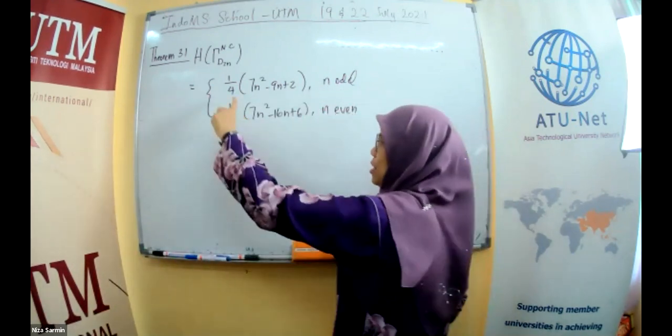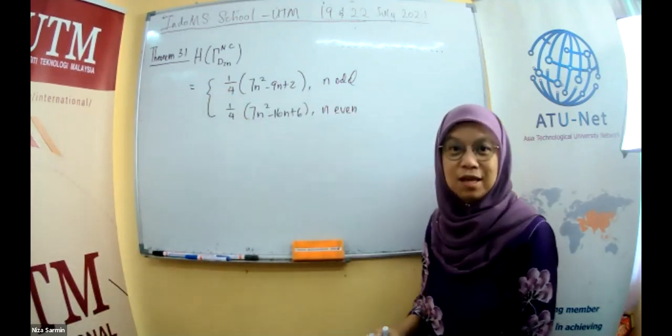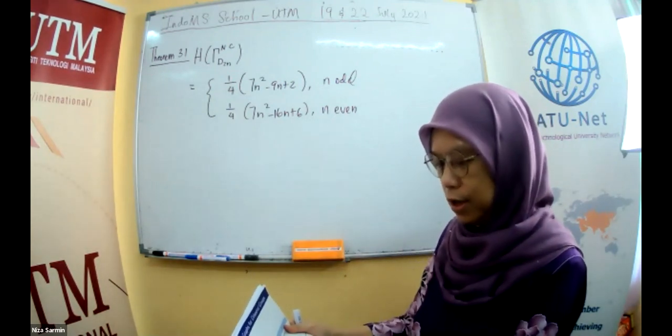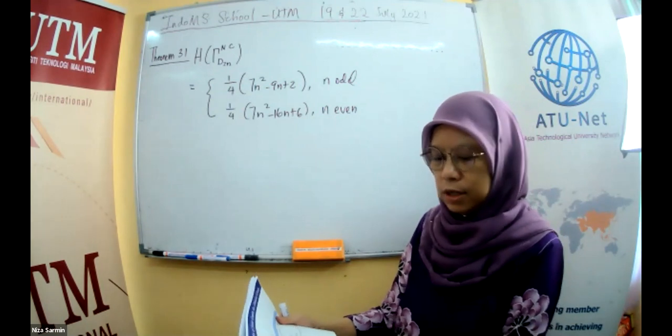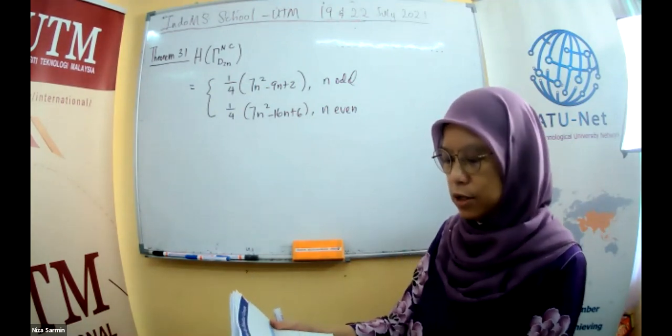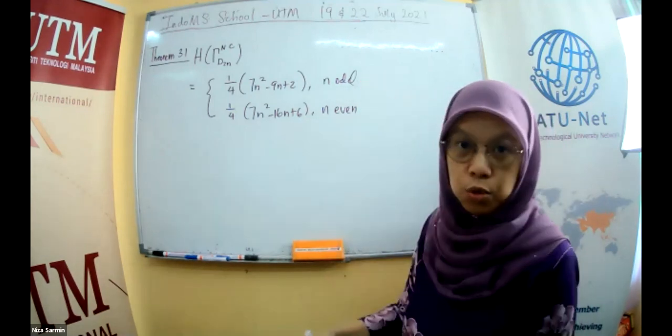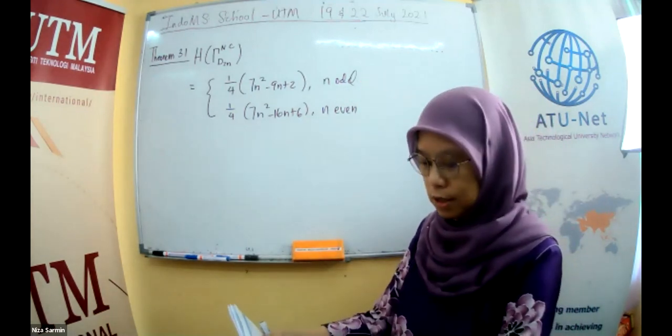You see why we get this: it is from the 1 over 2. Then you combine and so forth. The non-commuting graph for the dihedral group needs to be broken up into 2 cases. And that is why we get this.